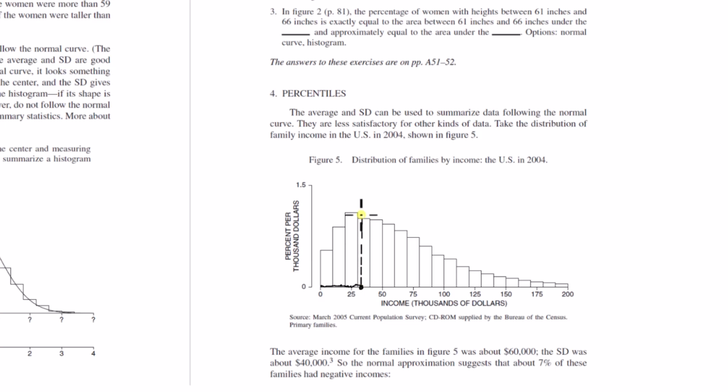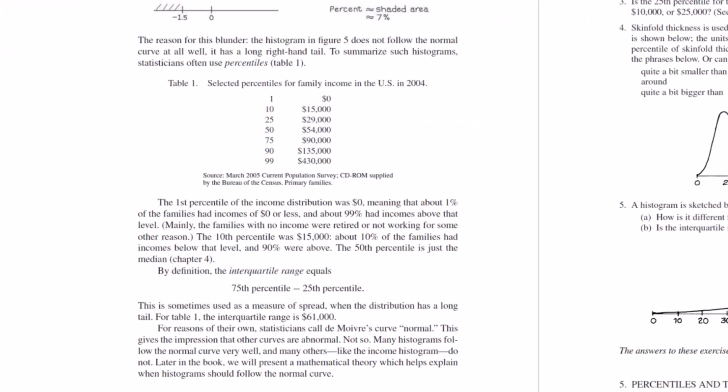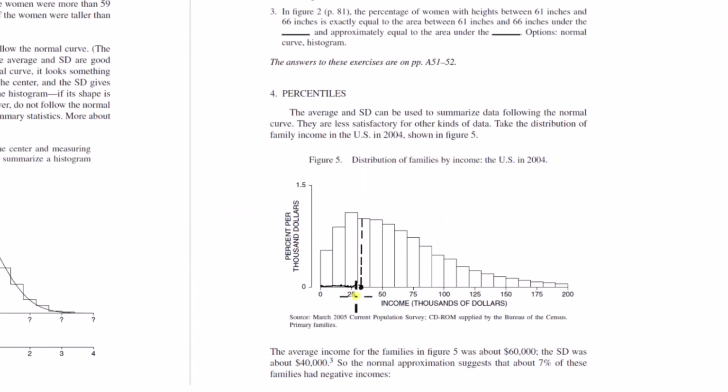The 25th percentile is $29,000. Is that what it says? Let me make sure. Yeah, the 25th percentile is $29,000. So 25% of the families in the U.S. in 2004 had income below $29,000, and 75% had income above $29,000 per year.